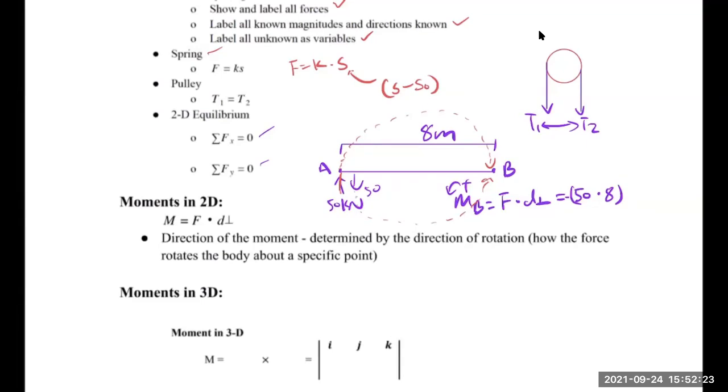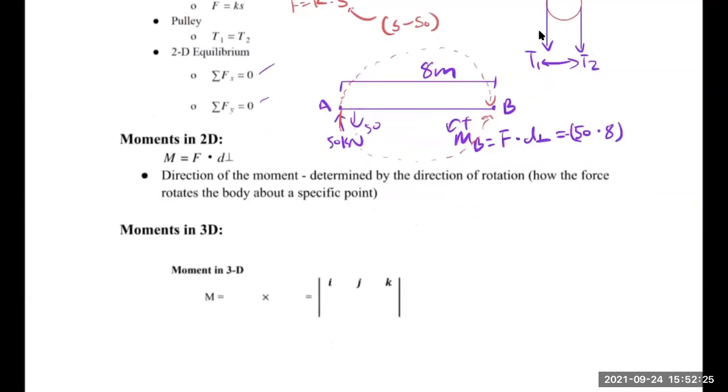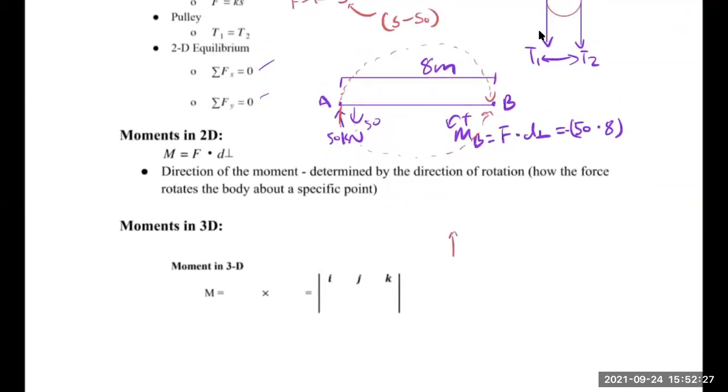Oh yeah, and you see that 50 is acting like that, and then the perpendicular distance is 8 meters. Like I mentioned, for this 50 kilonewton force, you have to multiply it by its perpendicular distance. But let's say I have this distance right here, which is 4 meters.